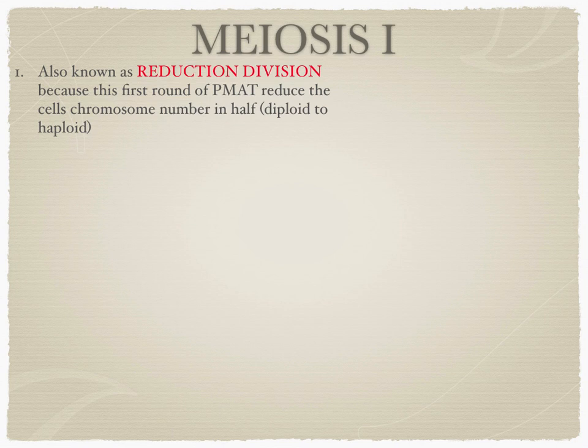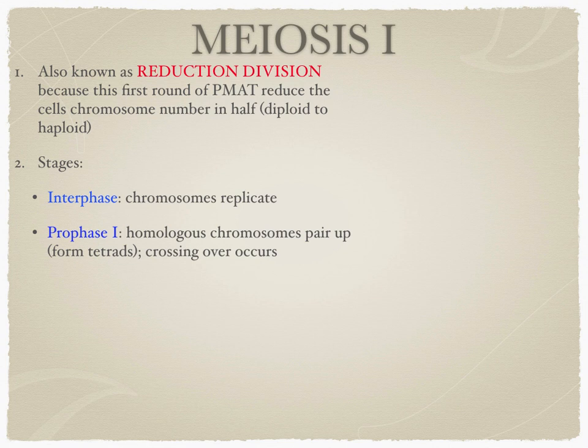Now, meiosis 2 does not do that. It will not reduce the chromosome number any further. So again, meiosis 1, also known as reduction division, because we're going to cut down the number of chromosomes in half. The stages are exactly the same as mitosis, with a different end result. We start in interphase where the chromosomes are replicating and the cell's growing. It's kind of doing its thing, getting prepared to go through the process of meiosis.